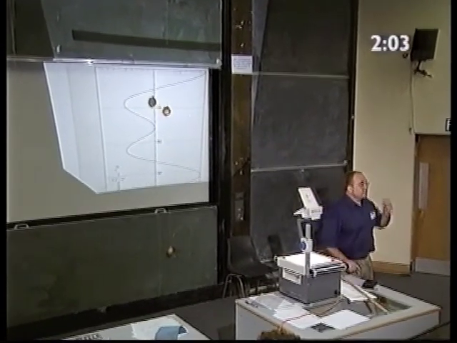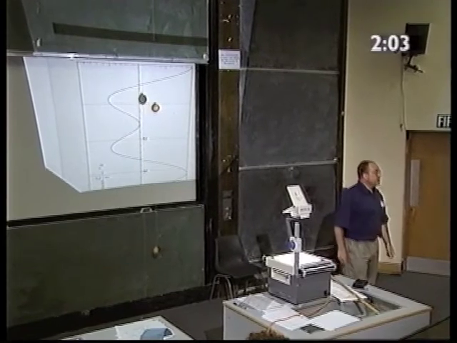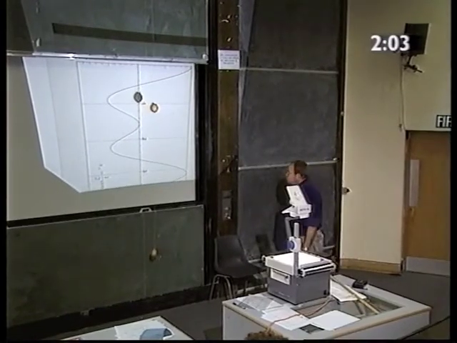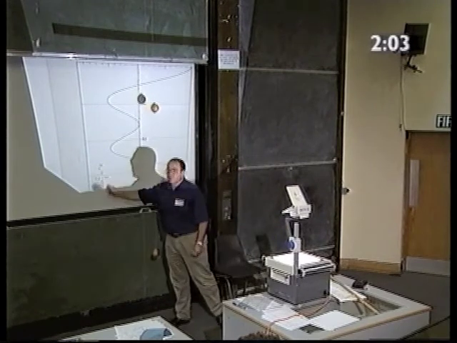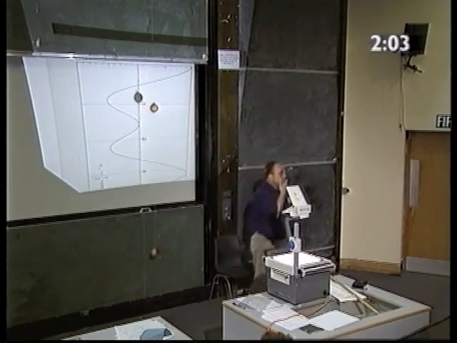Now, this is the moment of truth. This is the graph for XA, which is the top onion.